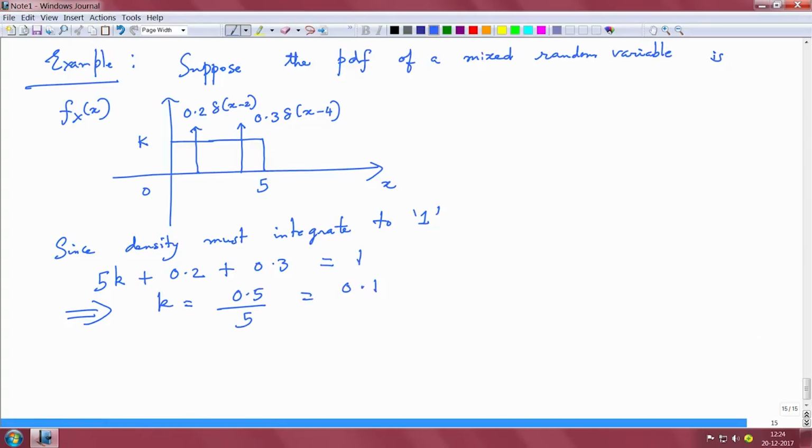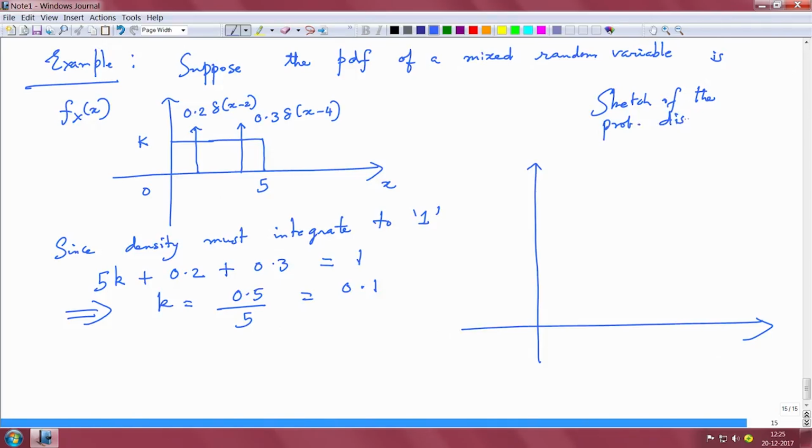And if you sketch this, it will be pretty interesting. Sketch of the probability distribution function.